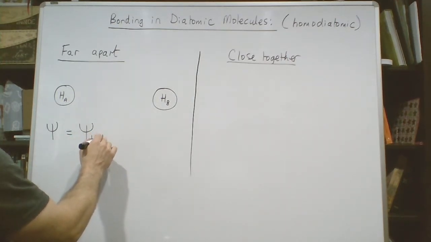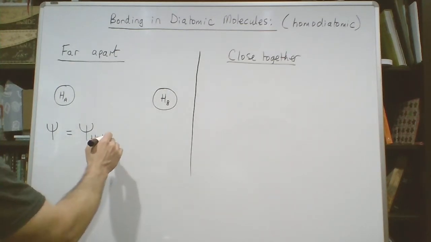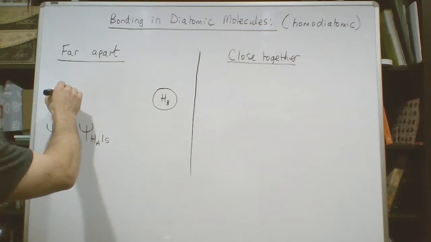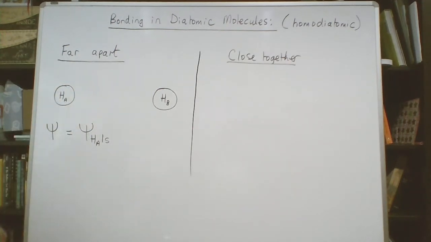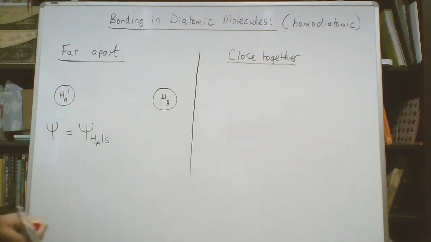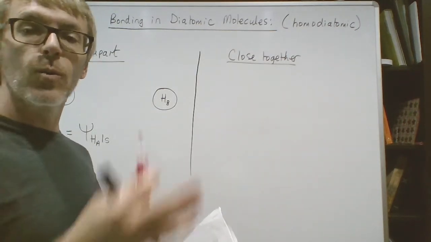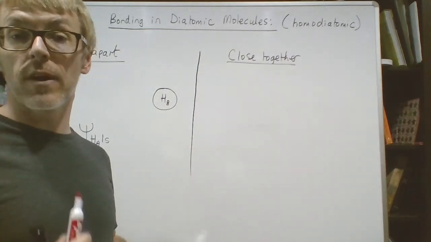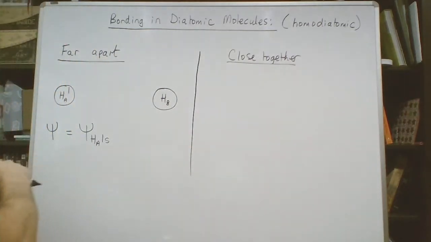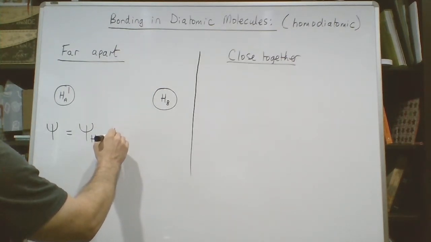The electron is in a 1s orbital. I want to give the electron a number so that we can keep track of who is the rightful owner of that electron. So the electron, let's say, is the number 1.